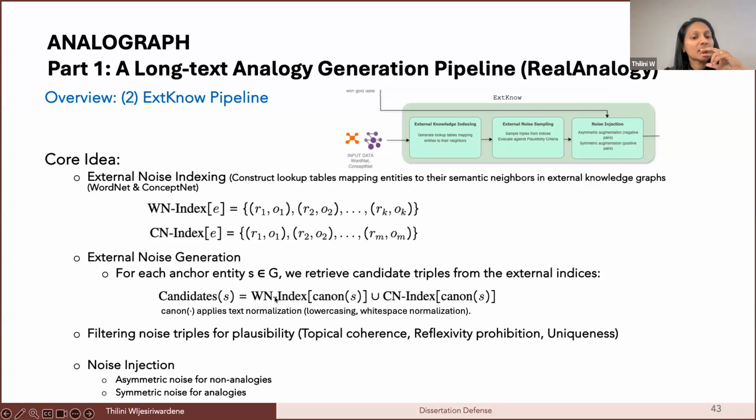That is the external knowledge usage here. In this case, we use WordNet and ConceptNet. We get from both of these sources and combine them, then again filter with the same criteria, and then inject that into the original graph.